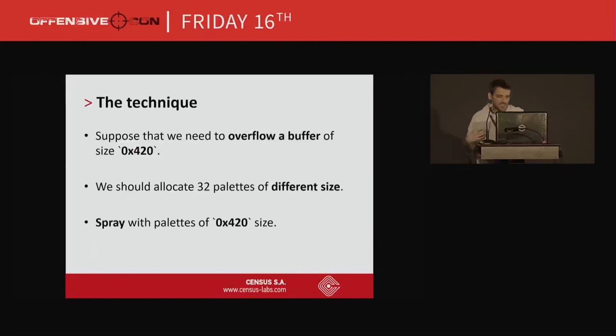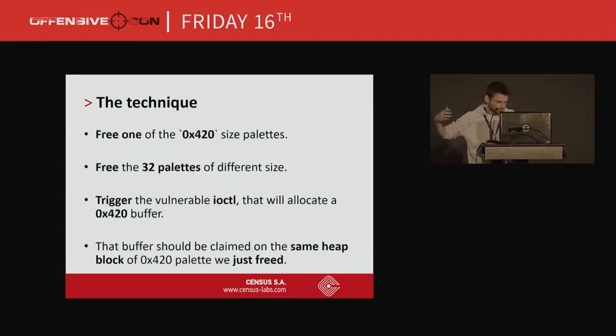So here's my technique. Suppose that we need to overflow a buffer of 420 size, okay? So we should first allocate 32 palettes of a different size, then spray with palettes of 420 size without holes, and then free just one 420 palette, and then free the other 32 palettes of a different size.